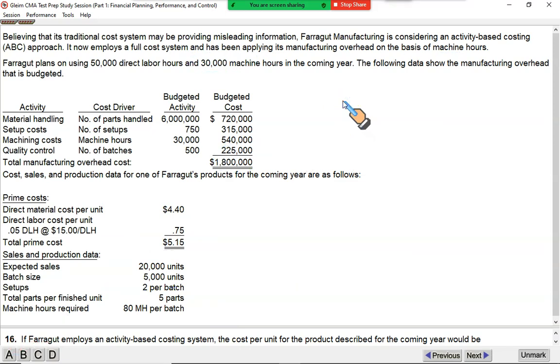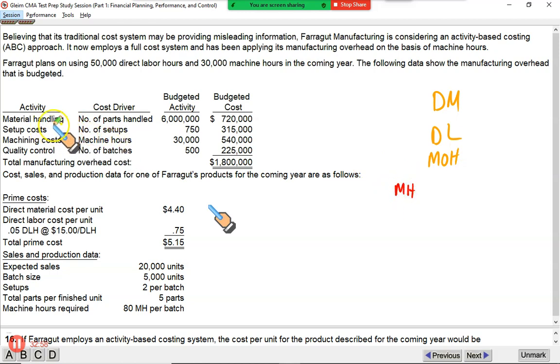Now we have to do this question. If the company employs an activity-based costing system, the cost per unit for the product described for the coming year would be. Now, we know our cost is made up of direct material and direct labor, but this time your manufacturing overhead comes in 4 different forms. First, material handling.